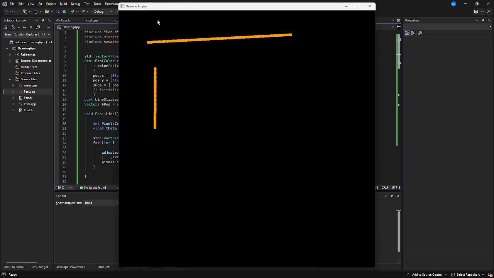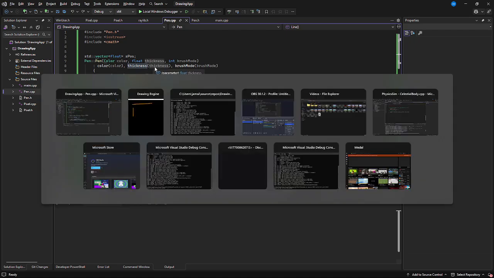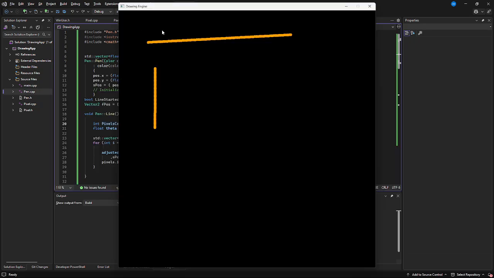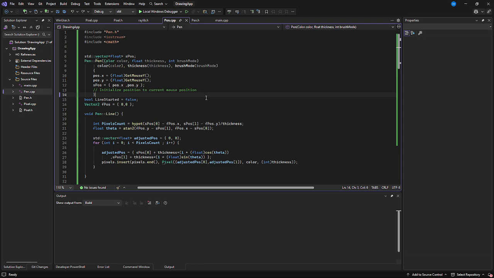So if you think about it, the length of this line divided by the size of each pixel would be the number of pixels in the line. Because if I draw 5 pixels and each pixel is 5 in width, then the length of the line is going to be 25. So just think about it like that. That's why I'm using that.